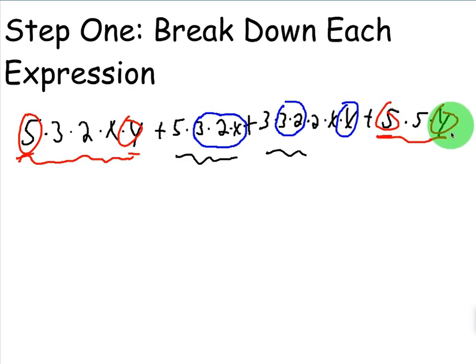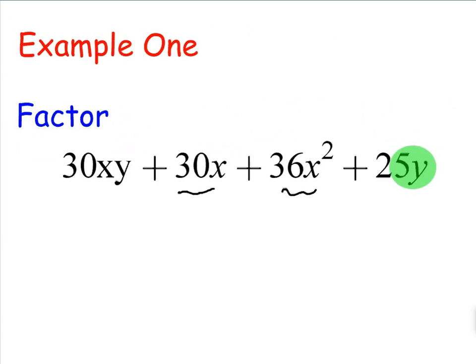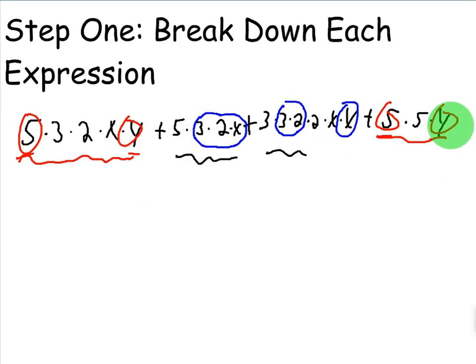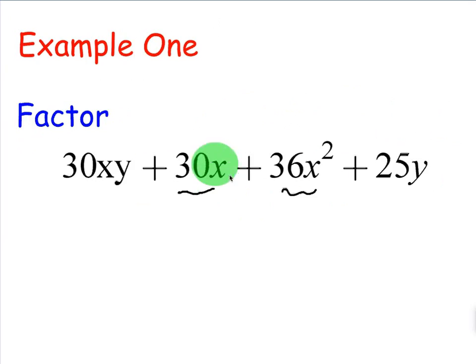Okay, so given that, does anybody want to give their input? How should we pair these up? Does the 30xy go with the 25y, or does it go with another expression? That's why you break it down. So you can see that the 2 expressions in the middle both have a 6 and an x, so we're probably going to pair those 2.